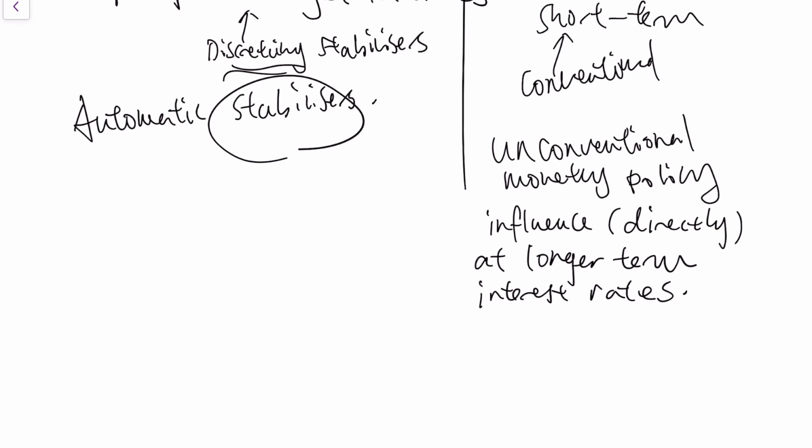A very famous example is Bank of Japan targeting the interest rate on 10-year government bonds instead of overnight bank loans. And I think during COVID, the Reserve Bank of Australia targeted the 3-year government bond at 0.25%.